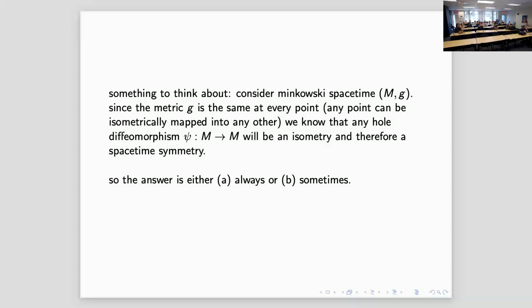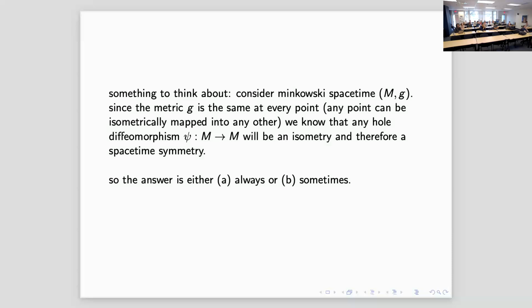Something to think about. This may or may not have been taken from a referee report. Consider Minkowski spacetime. Since the metric g is the same at every point, what does that mean? Well, any point can be isometrically mapped into any other point. So every point's the same.